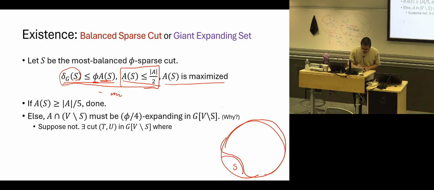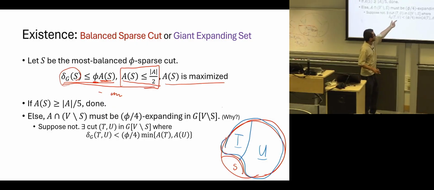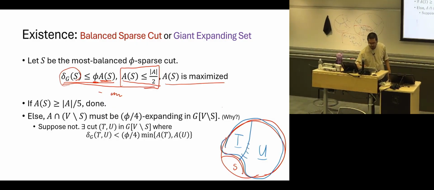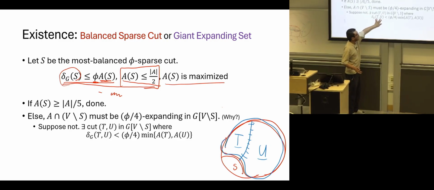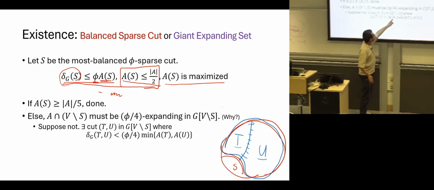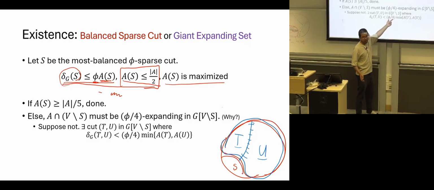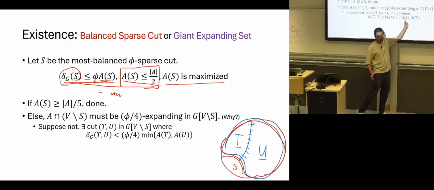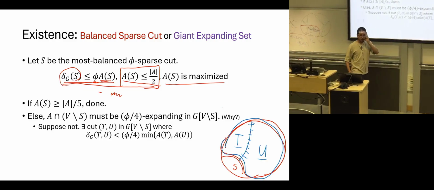So there is another cut, maybe here, T and U, such that this cut TU is sparse in the complement. The edges between T and U, the cut size in the complement, is small, less than 5/4 times the minimum of the node weighting from T and U.